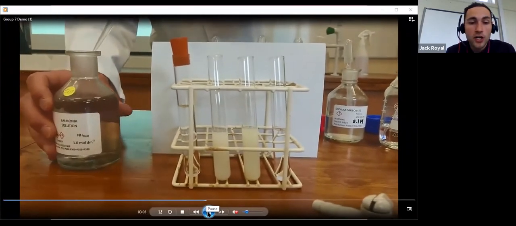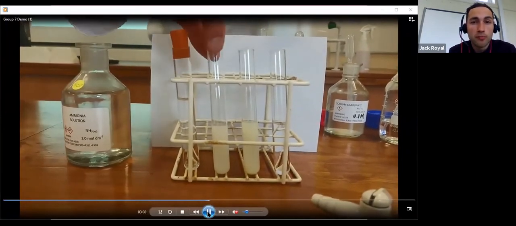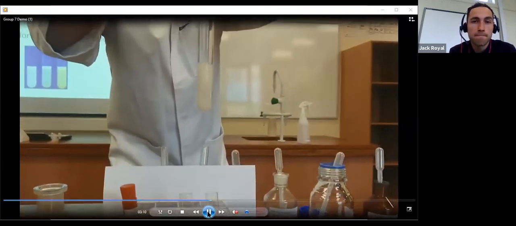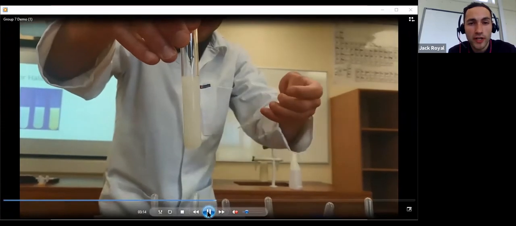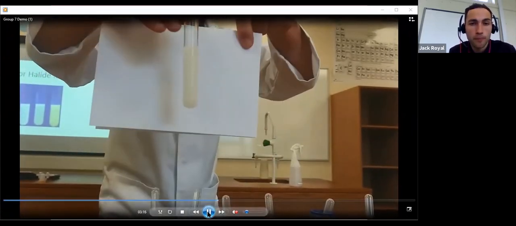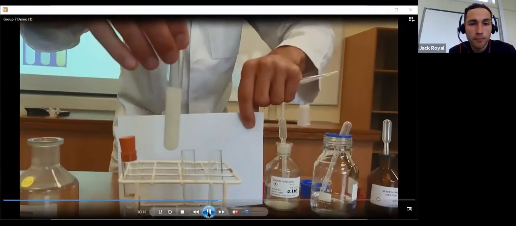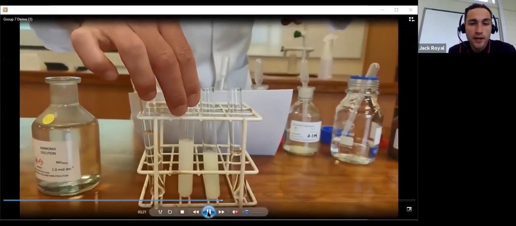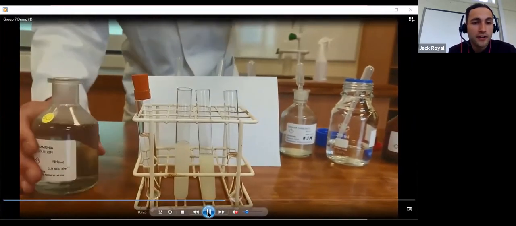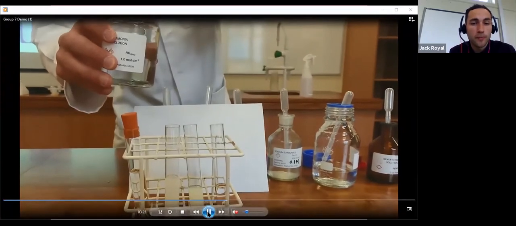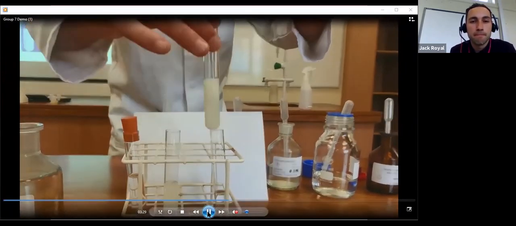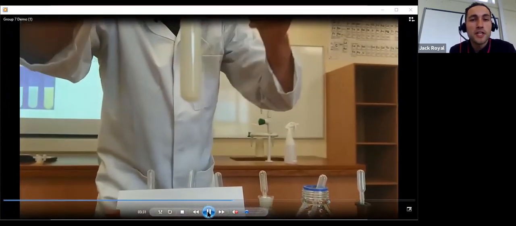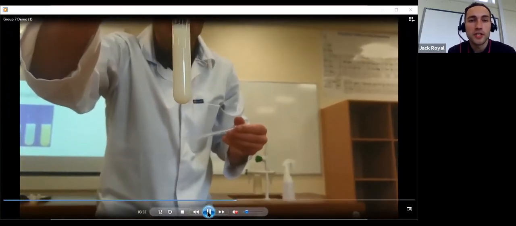If I add dilute ammonia to the bromide precipitate, you can see the precipitate is not dissolving at all. And if I add the dilute ammonia to the iodide precipitate, you can see the precipitate is also not dissolving at all.